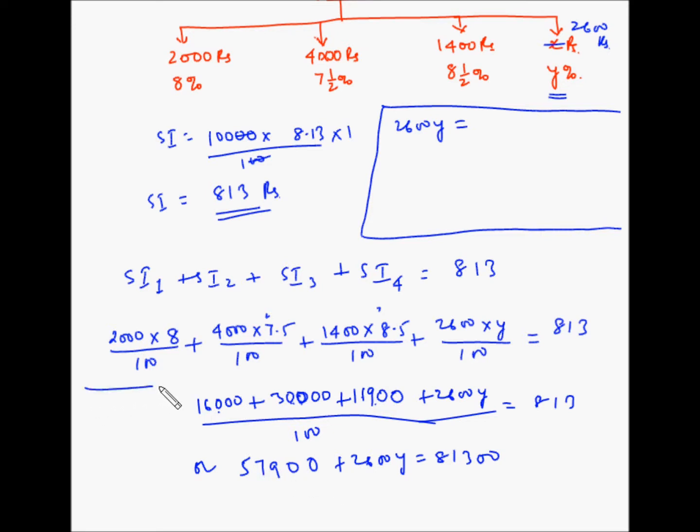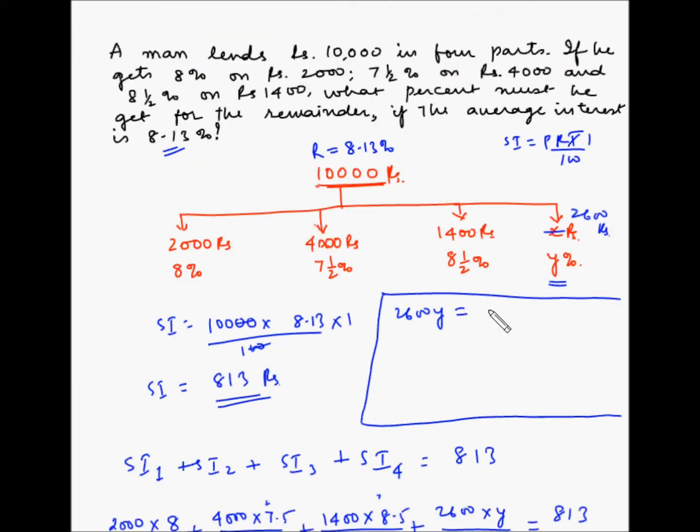So 81300 minus 57900, 0 0 0 1 9, 13 minus 9 is 4, let's take this as 7, carry over, so 10 minus 7 is 3, 7 minus 5 is 2, so 23400. So y is equal to 23400 divided by 2600.